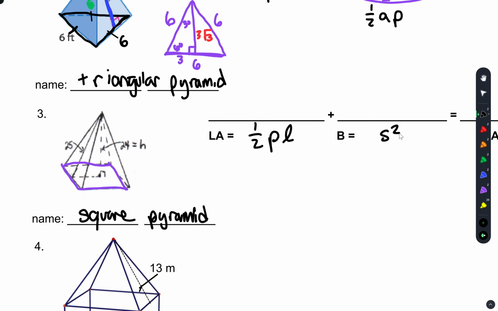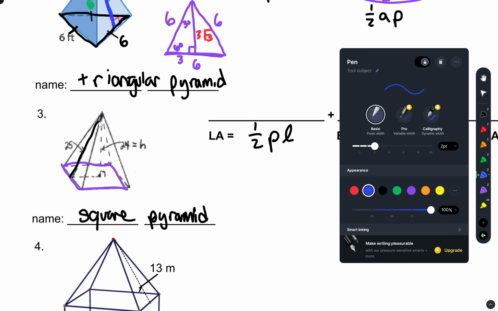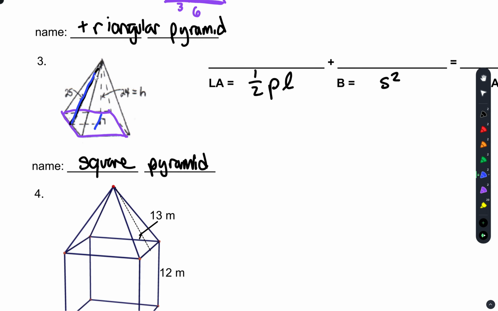I'm going to draw in, or highlight here, my slant height. Can I do this in the right color, please? My slant height here. Oh, gosh. My actual height. And then this goes from the center to the edge of my square. That's the apothem.